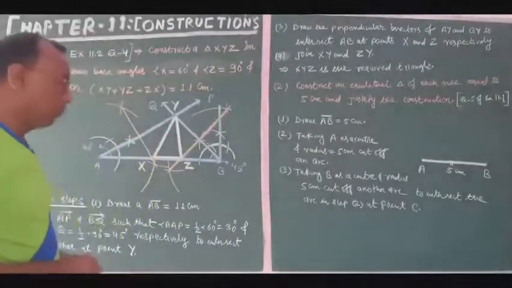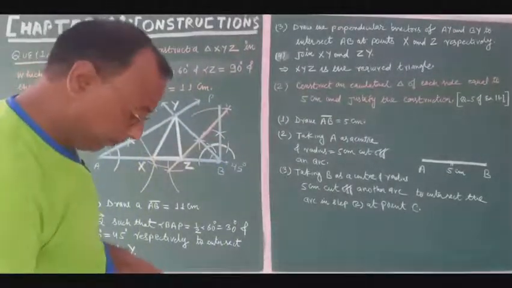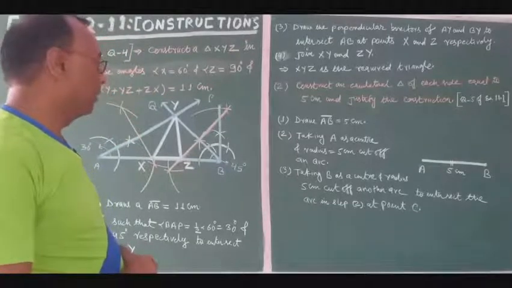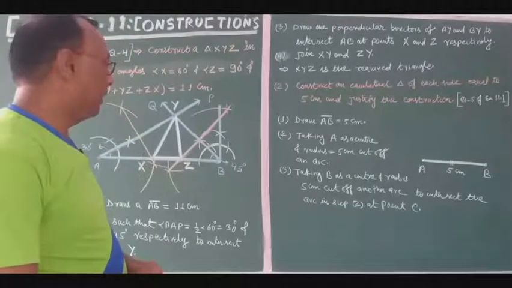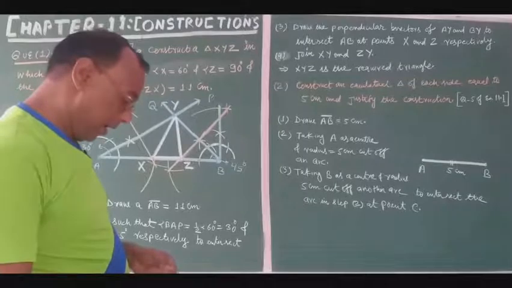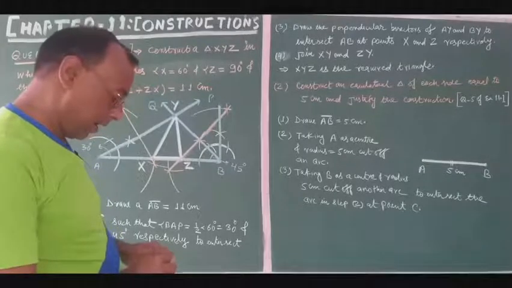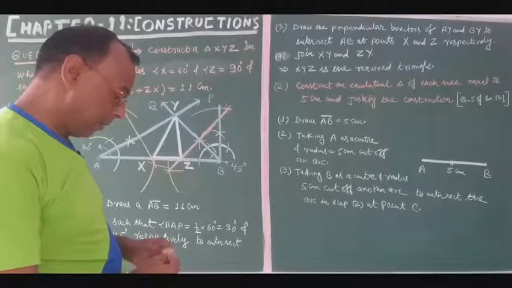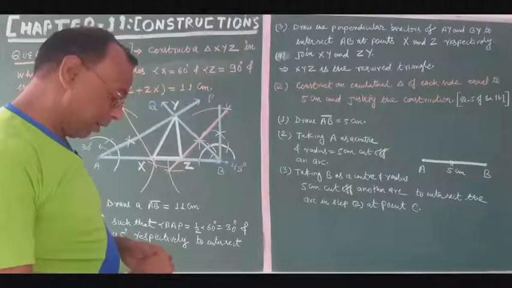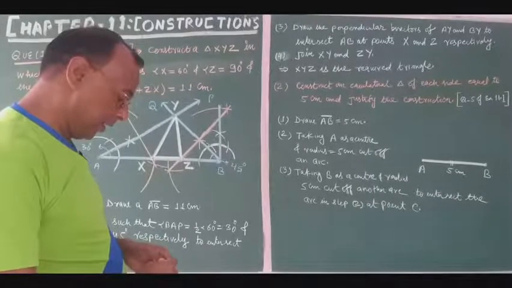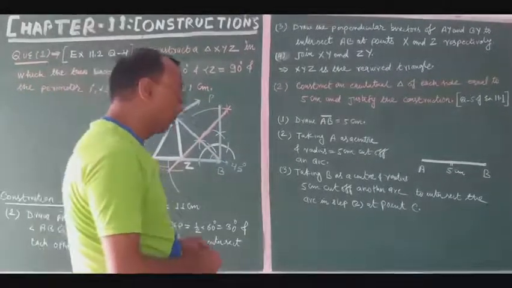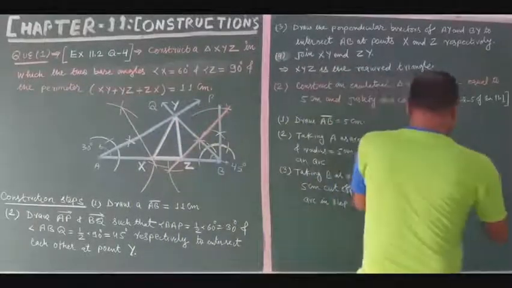Now what we have to do? We will take A as a center and radius how much? 5 centimeter. We will cut off an arc. Is it there? So we will put this here.